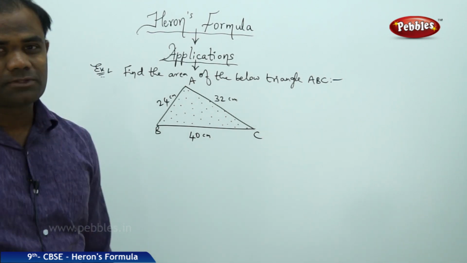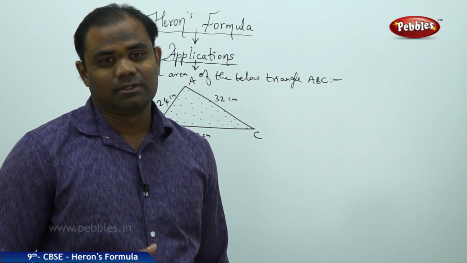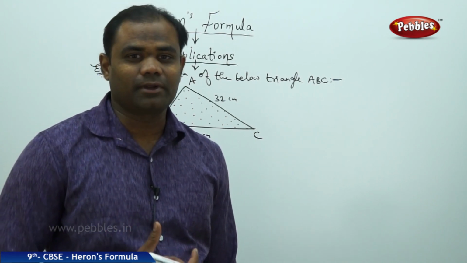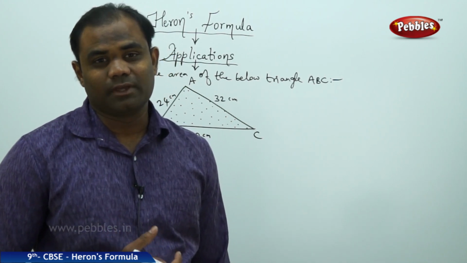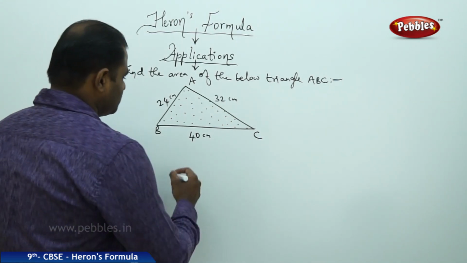We know that Heron's formula needs the semi-perimeter, which we need to find. So let's first see what the values of a, b and c are from the triangle, and then find the area using those values. So the first thing is to identify the values of a, b, c.